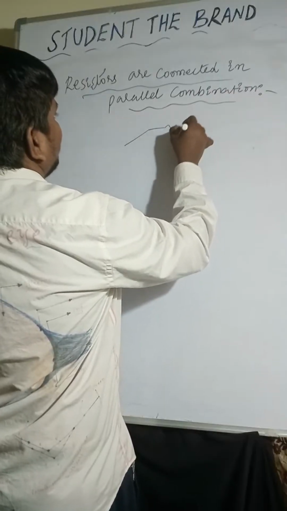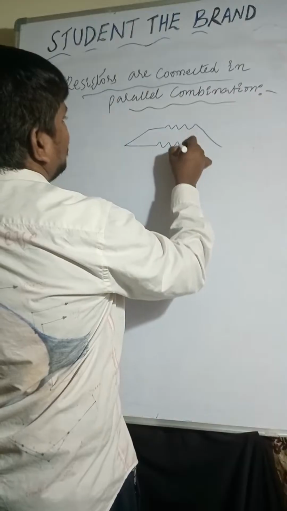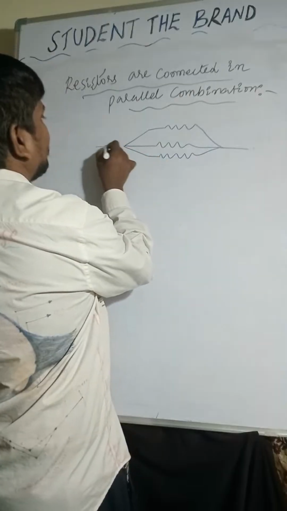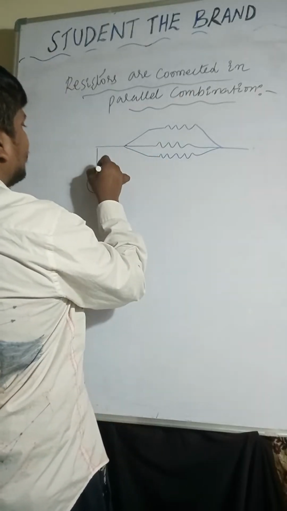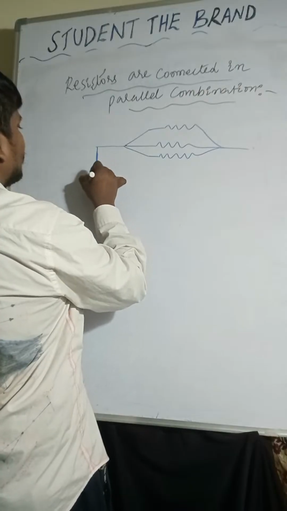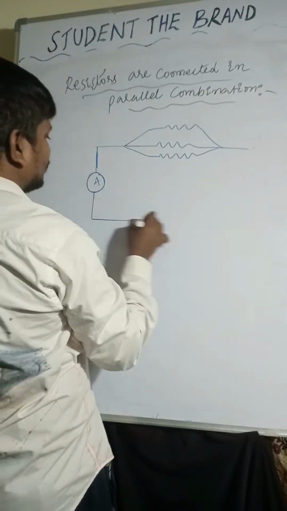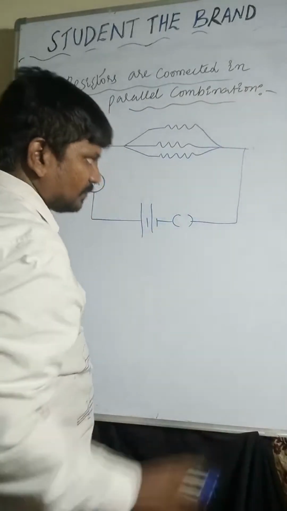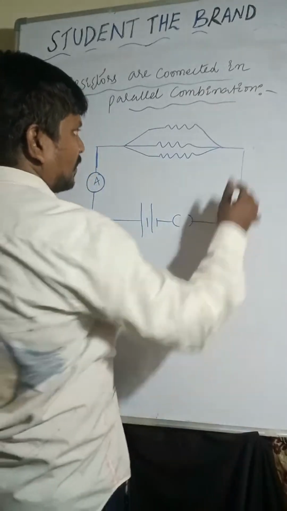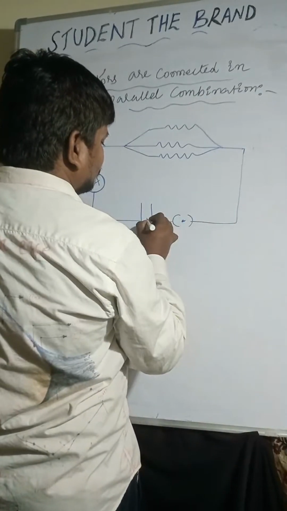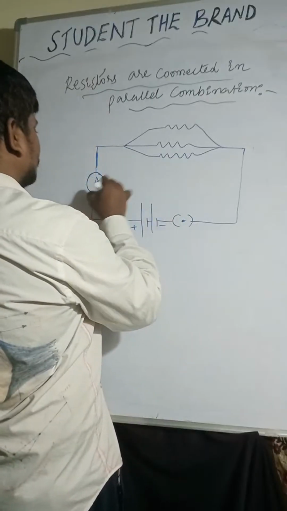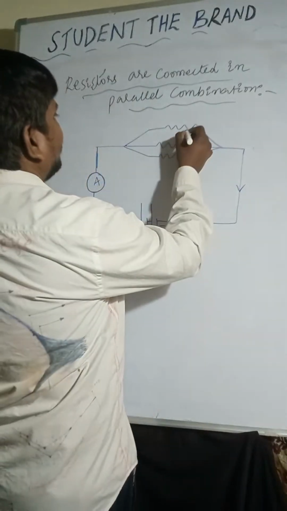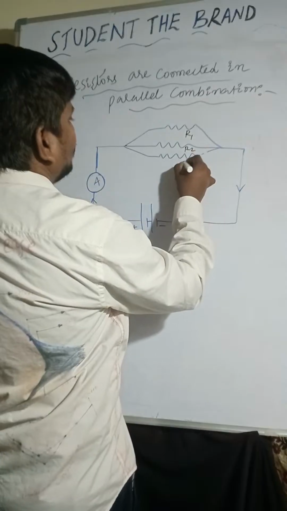So these are the three resistors, 1, 2 and 3, with an ammeter: R1, R2, R3.